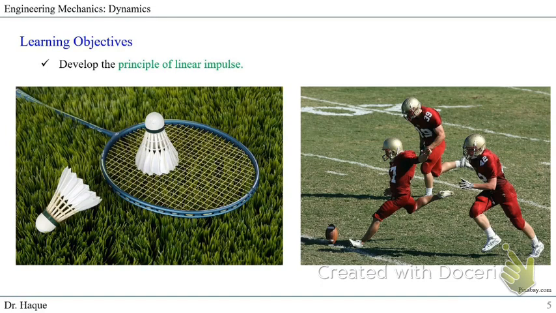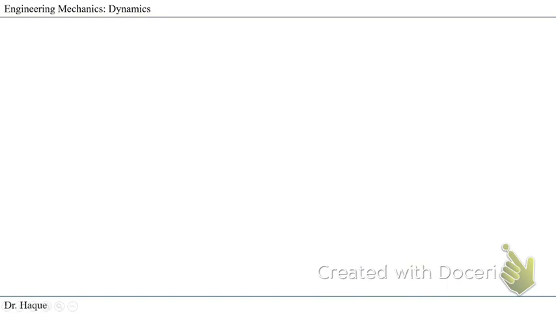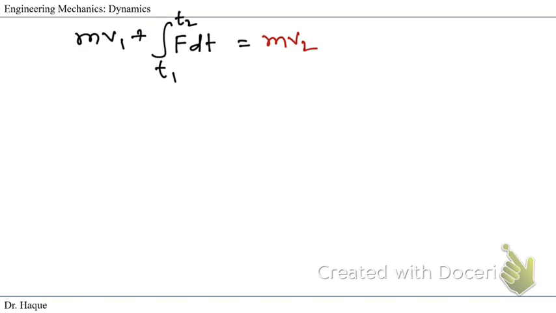We wrote down this principle in the previous part A, where we had the initial momentum mv1 plus the impulse we talked about, force for a certain amount of time, equal to the final momentum mv2.